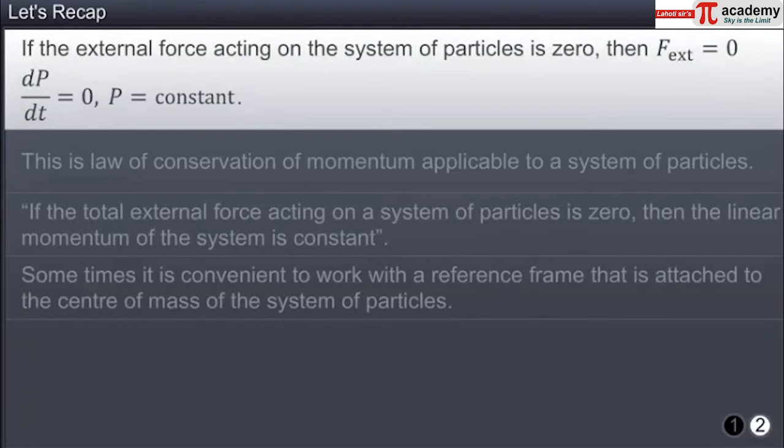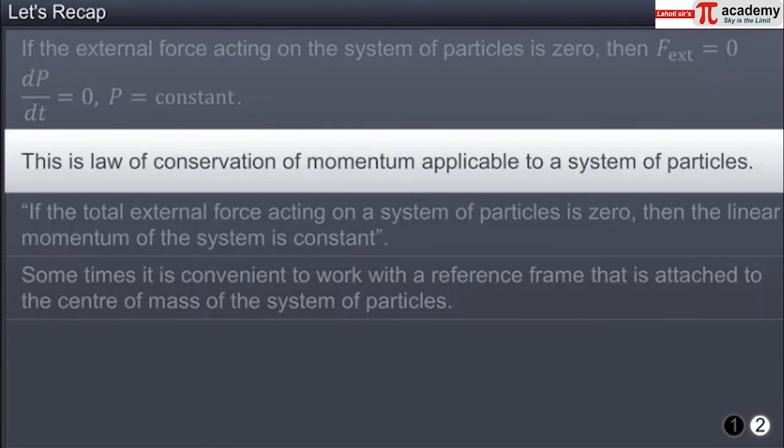If the external force acting on the system of particles is 0, then F external is equal to 0, dP by dt is equal to 0, and P is constant. This is the law of conservation of momentum applicable to a system of particles.